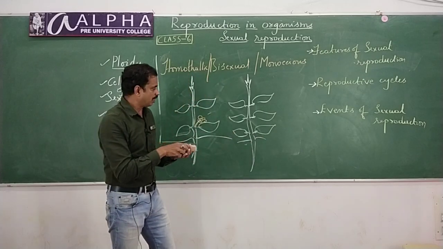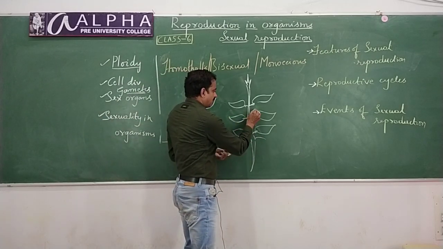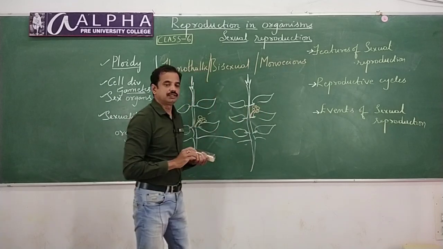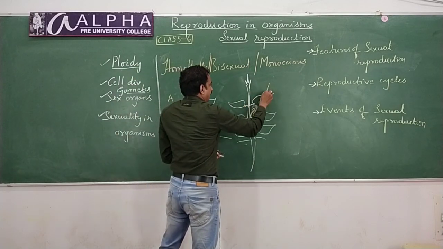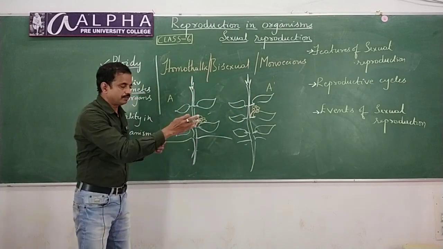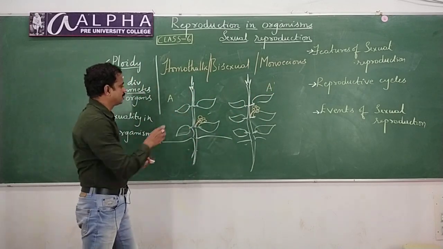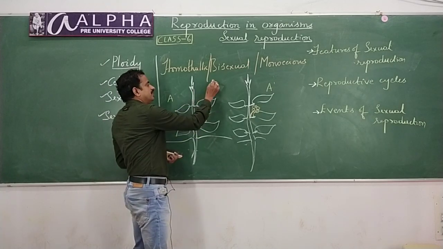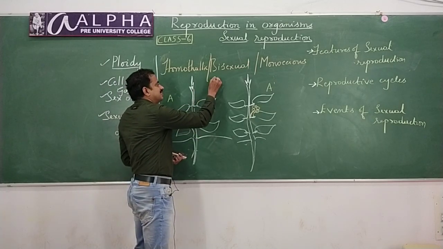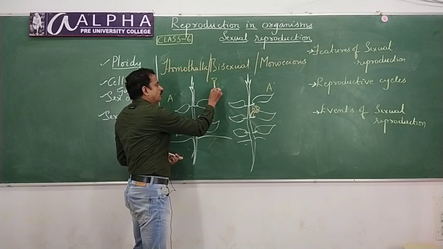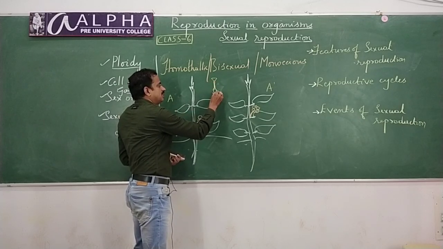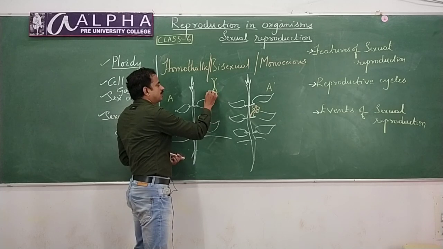Right. So here, this plant is bearing a flower. The flower in plant A and plant A dash, both are plants of the same species. Here, the flower of this plant has only the pistil, that is the female reproductive part.